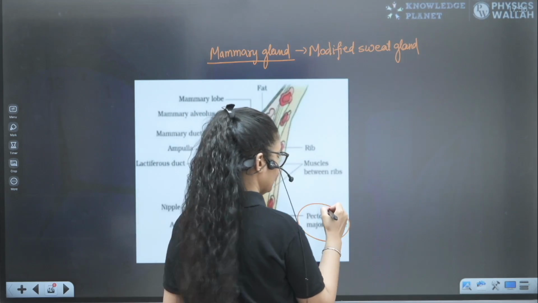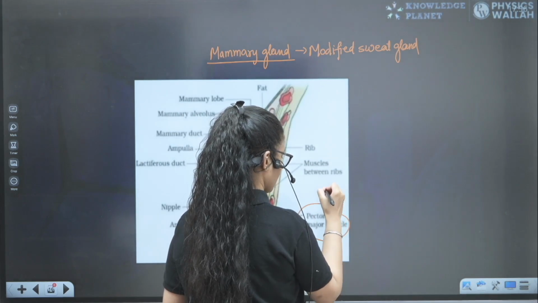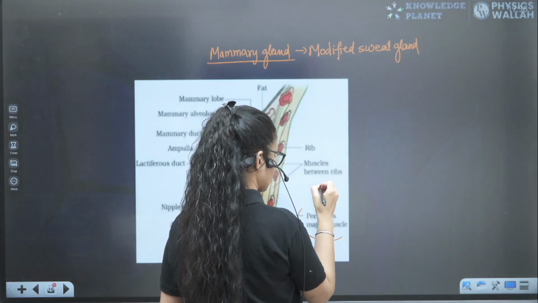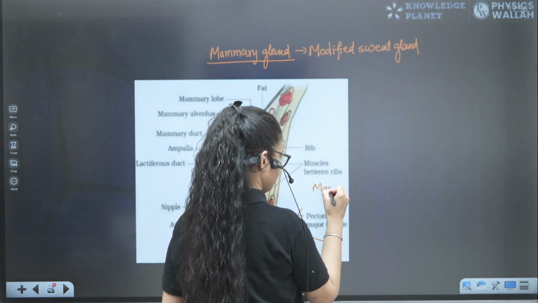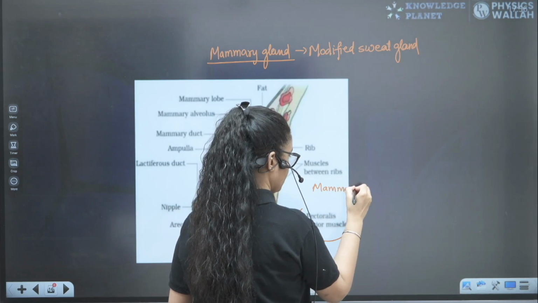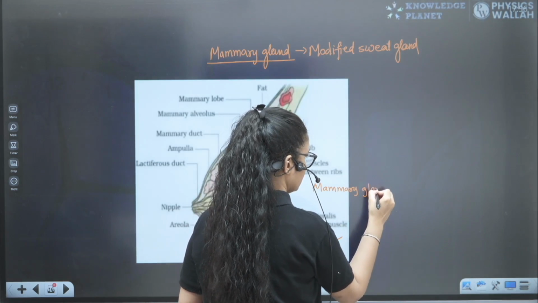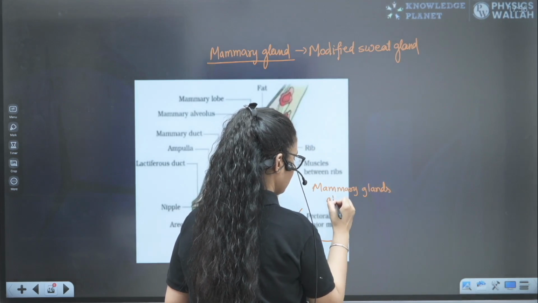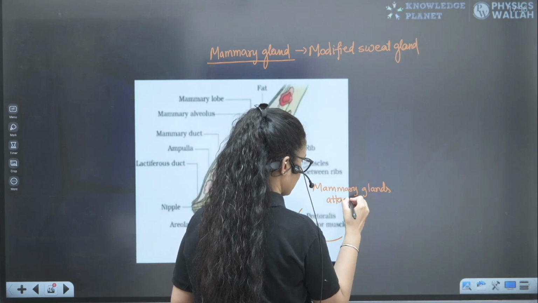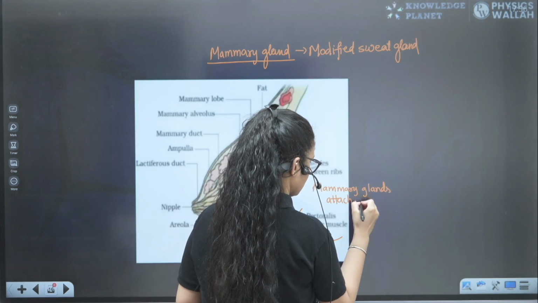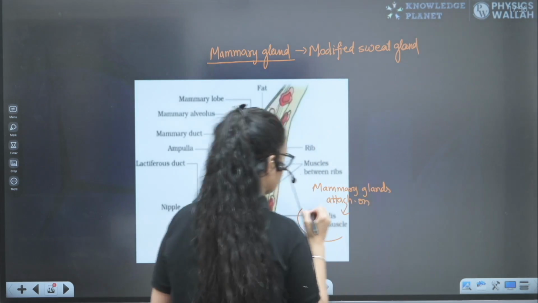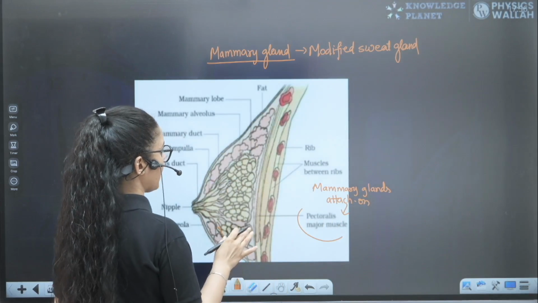The mammary gland is attached on the pectoralis major muscle, you have to remember.